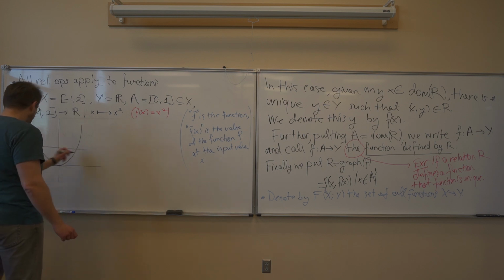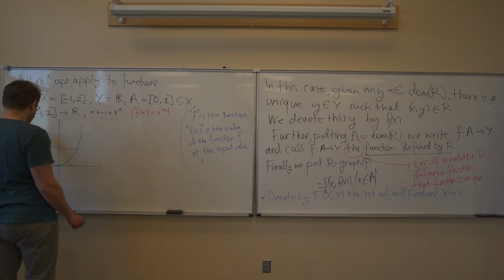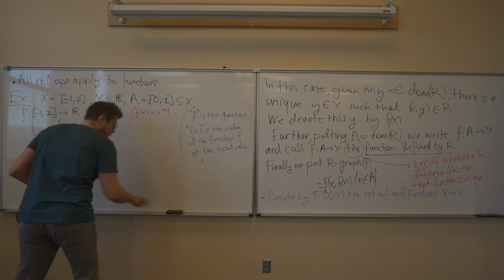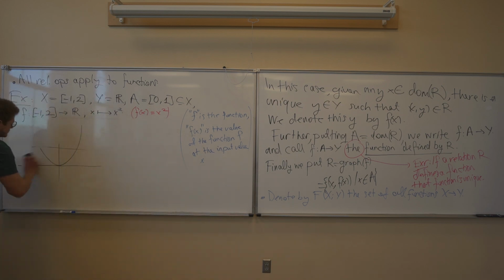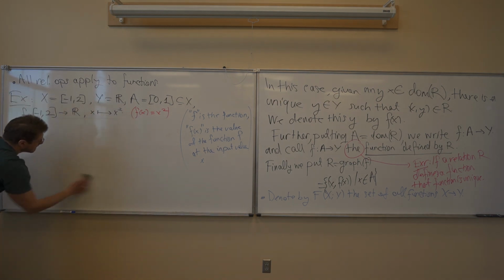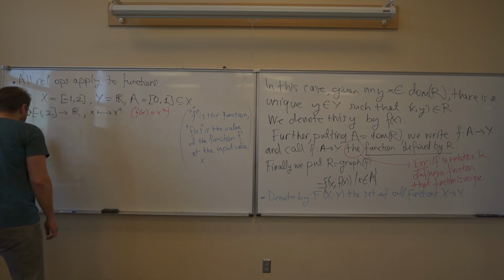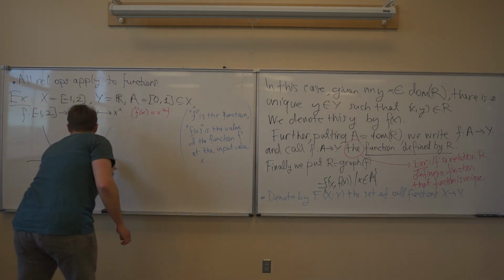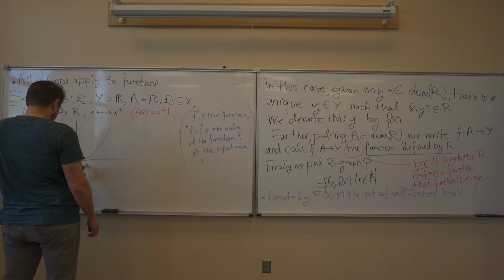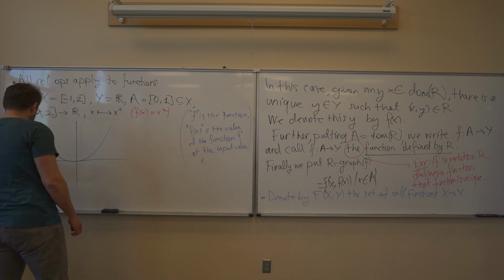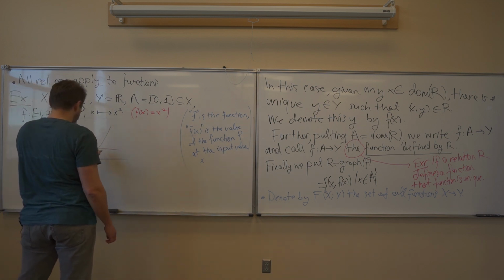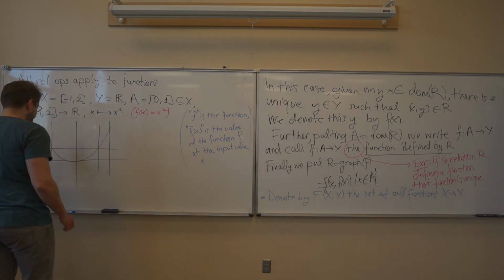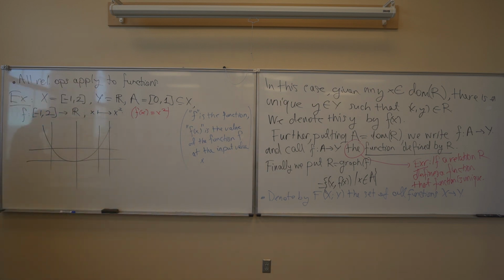So this is 1, and let's say somewhere here is, okay, let me try to be a little bit better. So like this, then this. Okay, this was the sketch.